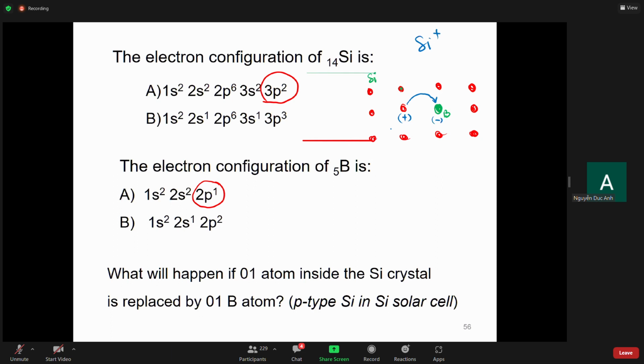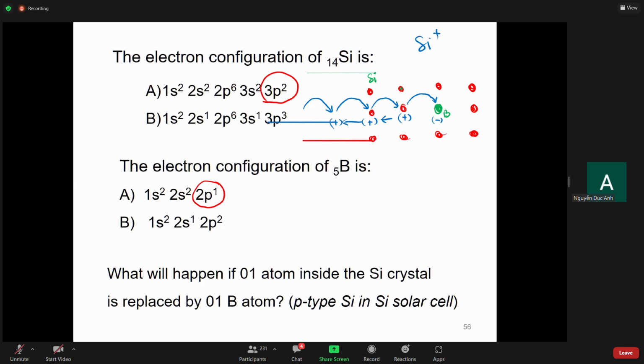Okay, and when that atom becomes positive, you will have another movement from the next silicon. You can consider there is some other movement too. So you get the movement of the positive charge from one silicon to another silicon.